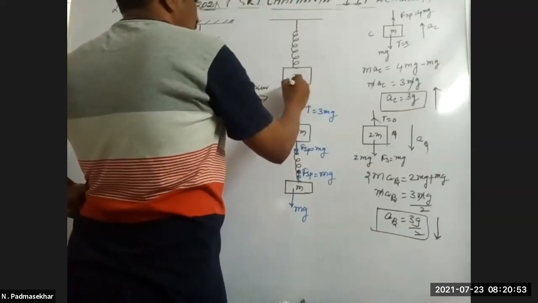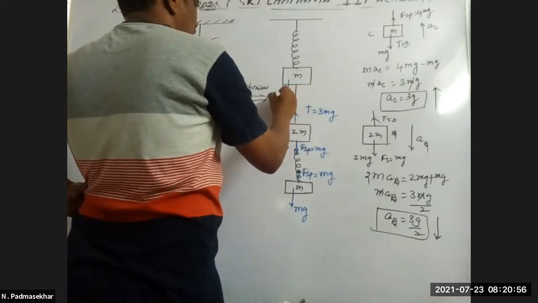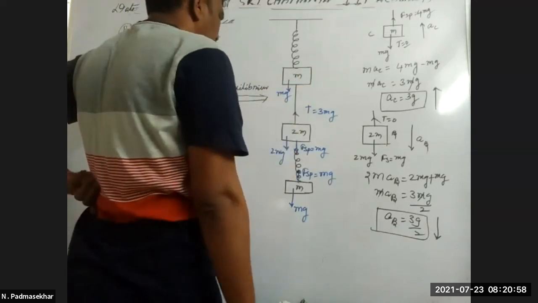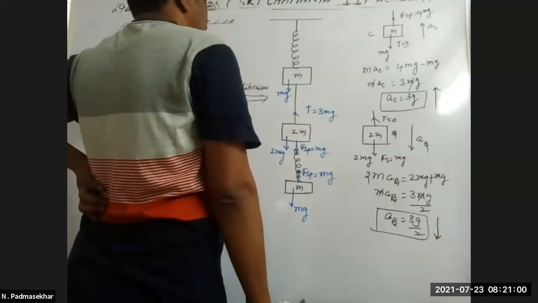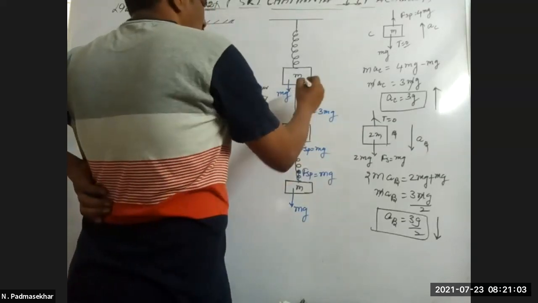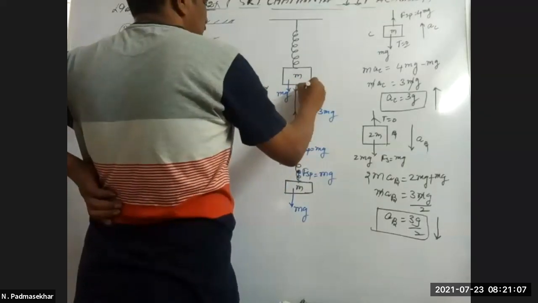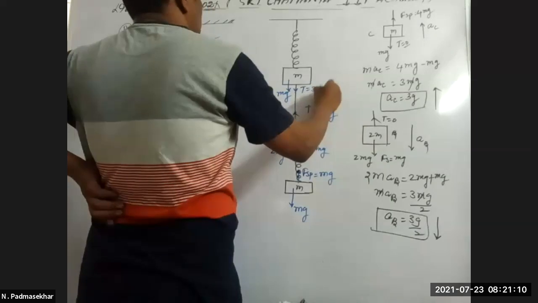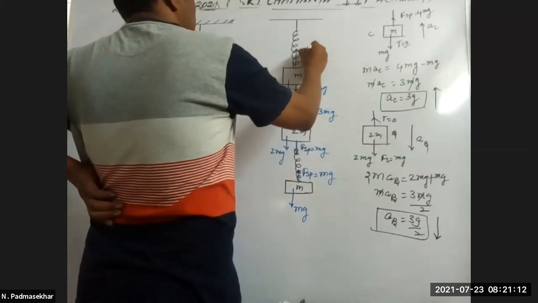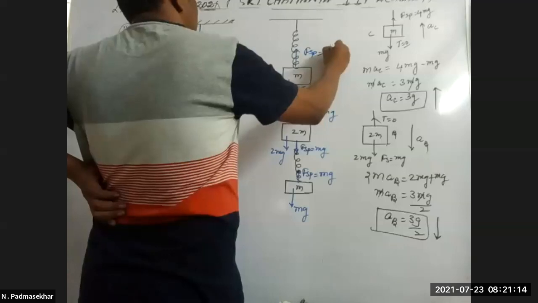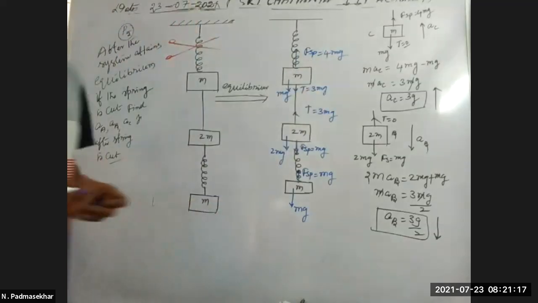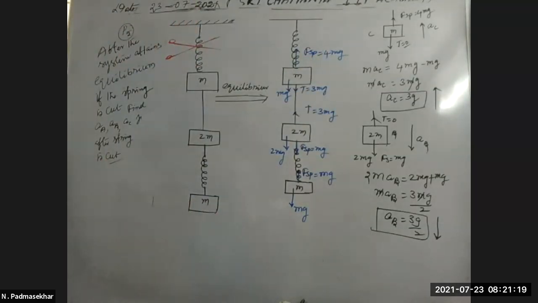This is mg. Now the tension is 3mg here, and the spring force is equal to 4mg.